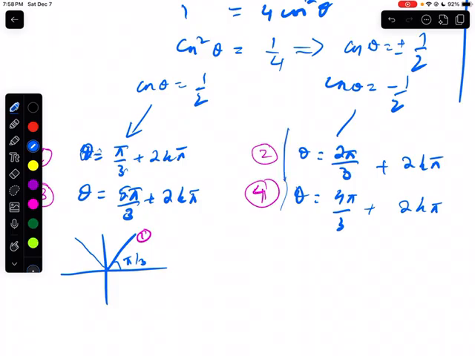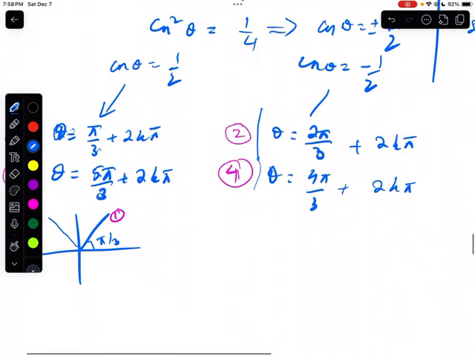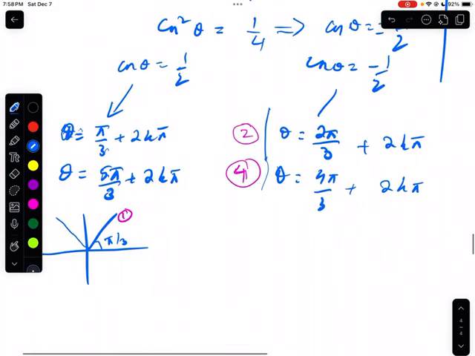But notice how the solutions of two equations can be combined together to form fewer equations. So this one is 2, the 2 pi over 3.